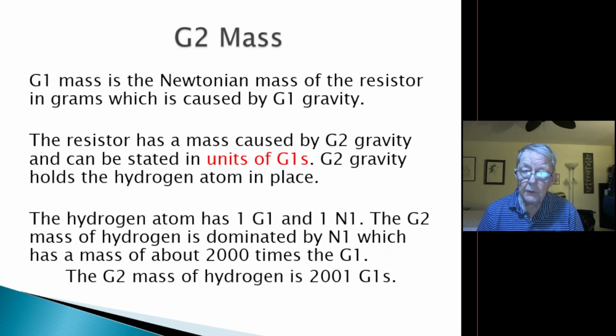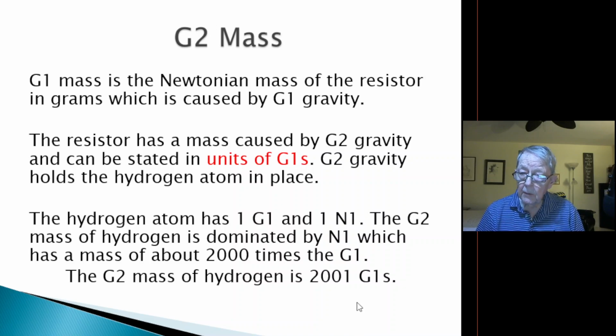It's a typical number used by modern science to show the ratio between the electron and the neutron or proton. I rounded it off because my numbers are pretty much guessed at, so I'm rounding it off to 2,000. And so the G2 mass of the hydrogen atom is 1 N1, which is 2,000, and 1 G1, which makes it 2001.